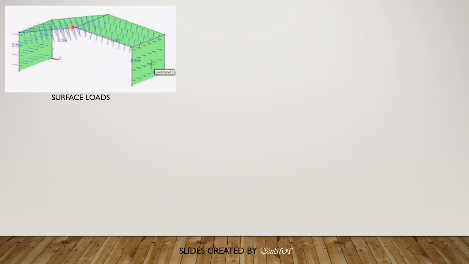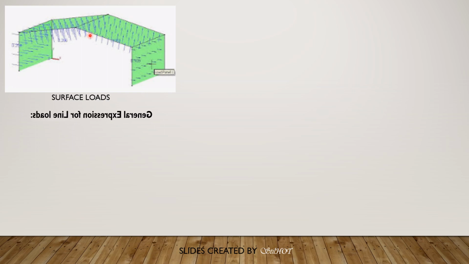So this is an example of surface loads. We have this system where the walls are subjected to wind pressure, the roof, and the leeward roof also subjected to surface loading.